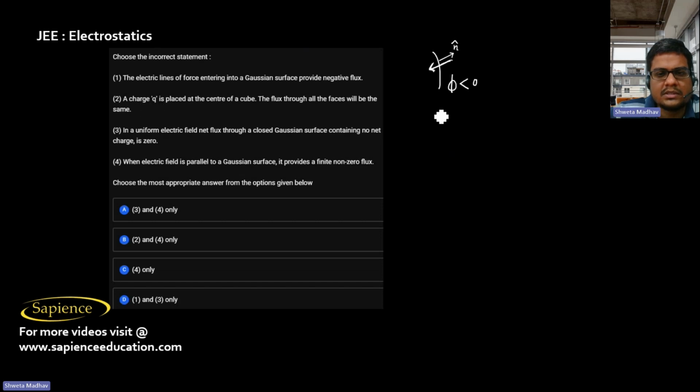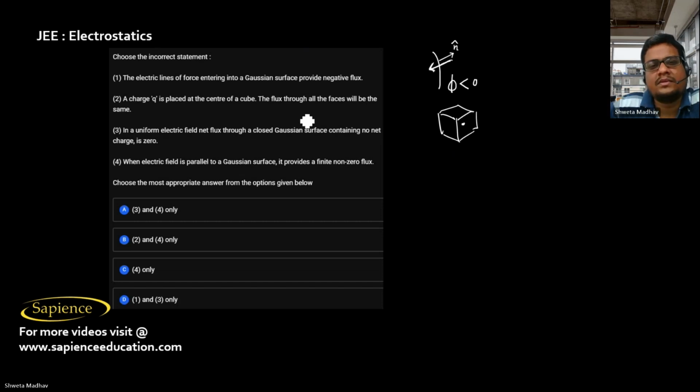A charge q is placed at the center of a cube. The flux through all the faces will be the same.